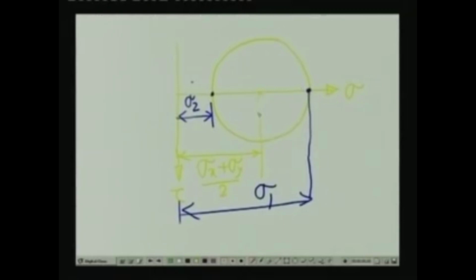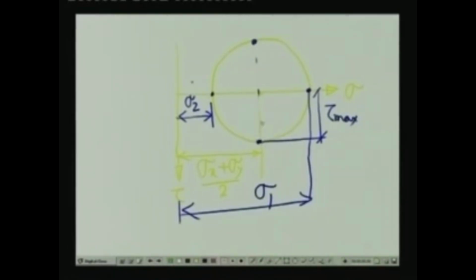And the third question: on the plane where maximum shear stress acts, what is the value of the normal stress? These are the planes where the maximum shear stress acts. This is the maximum positive shear, this is the maximum negative shear. The value of the maximum shear stress is that of the radius of the Mohr circle, tau max.